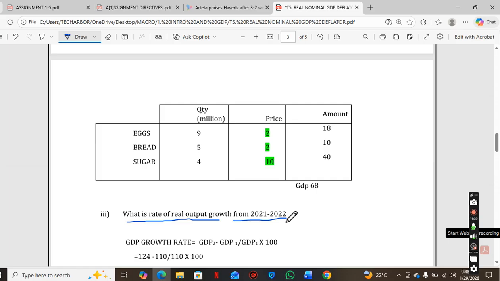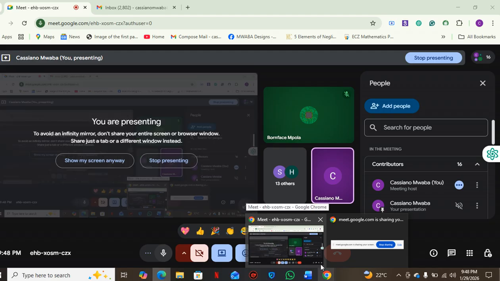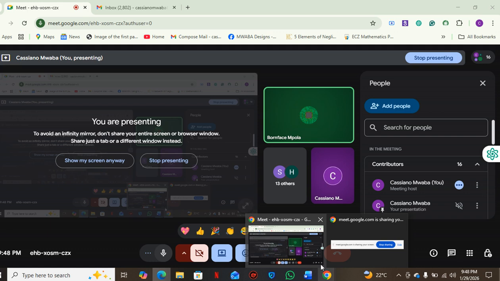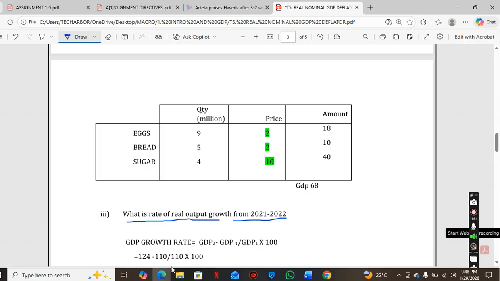Does anyone remember it? Percentage change is calculated as the increase or decrease in value over the original value times 100%.